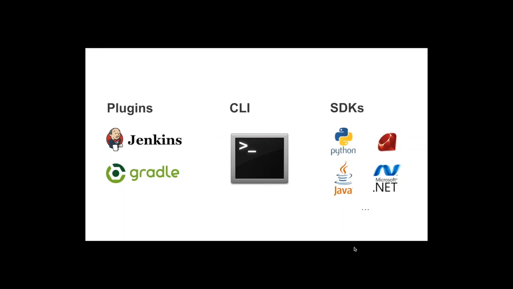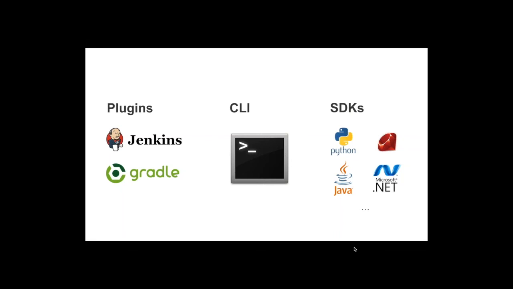In addition to those official plugins, we also provide some ways that you can integrate Device Farm into your development process in ways that Jenkins and Gradle doesn't cover. So we're included in the AWS CLI, and we're also included in the AWS SDKs. And AWS SDKs, if you're not familiar with them, include languages like Python, Ruby, .NET, Java, JavaScript, and Go, and so on.